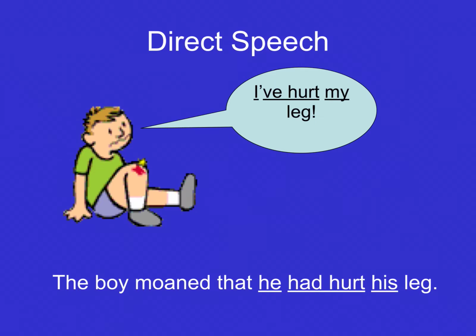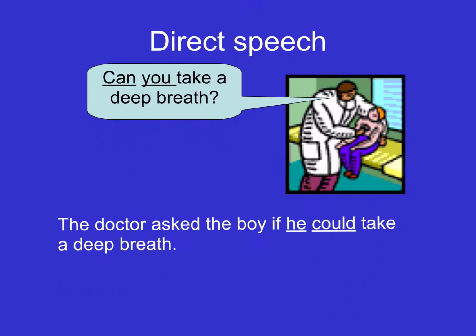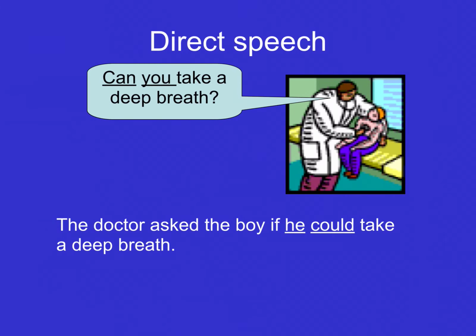We can move to the next example. Previously, the doctor said, "Can you take a deep breath?" Now, if we look at how it changed, the doctor asked the boy, because there's a question mark, we've used the word asked, if he could take a deep breath.